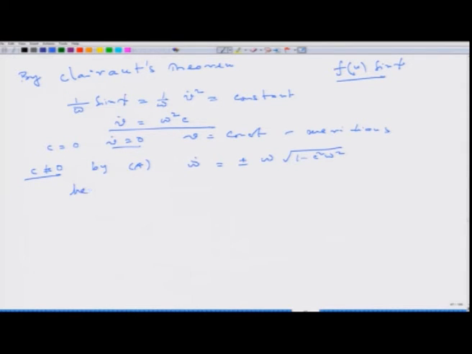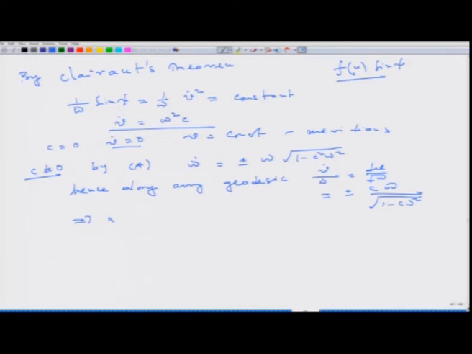Hence, along any geodesic, I can remove the t part: dv by dw equal to plus minus c w over square root of 1 minus c square w square.